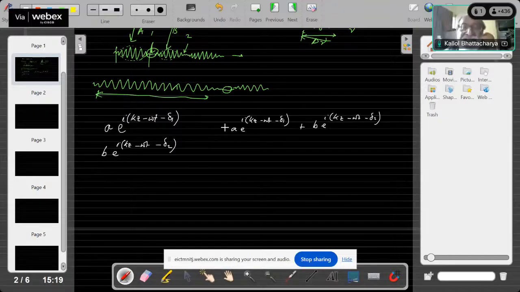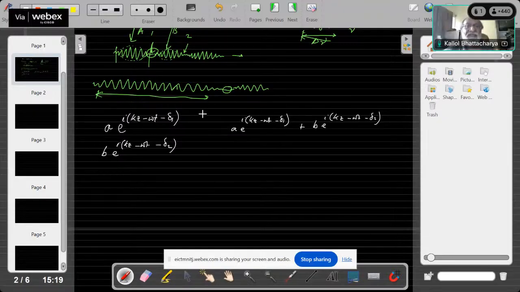This is the resultant amplitude. But we cannot see amplitude, we can see only intensity. All photodetectors, all light detectors, can only visualize intensity. They cannot record amplitude values. They cannot record phase. The phase part is completely lost.